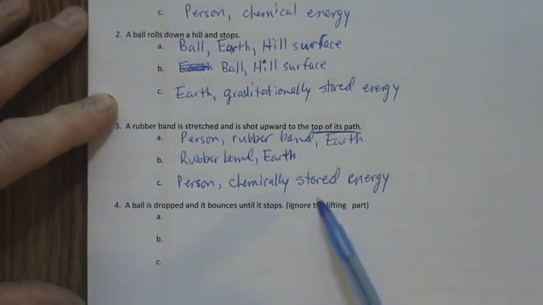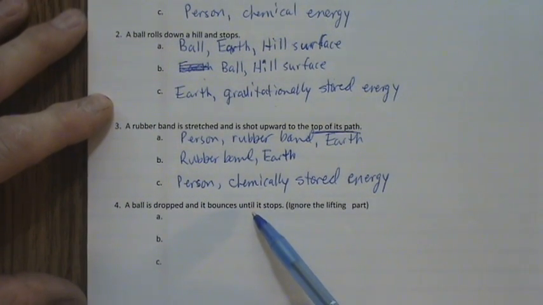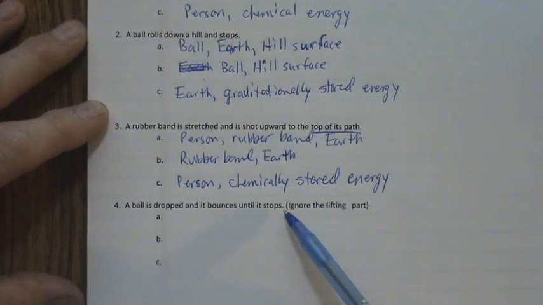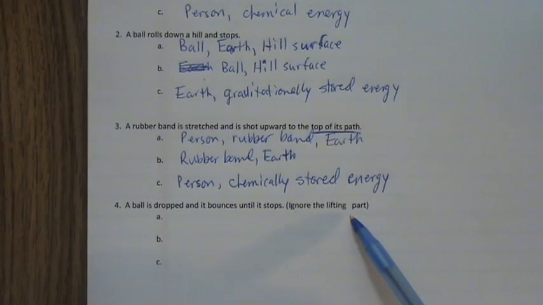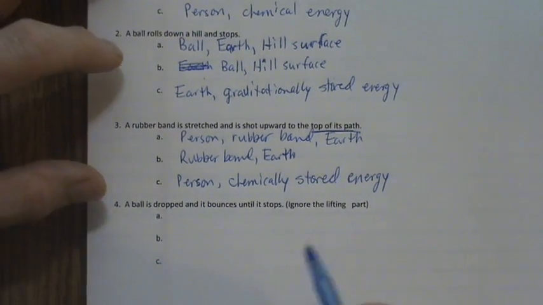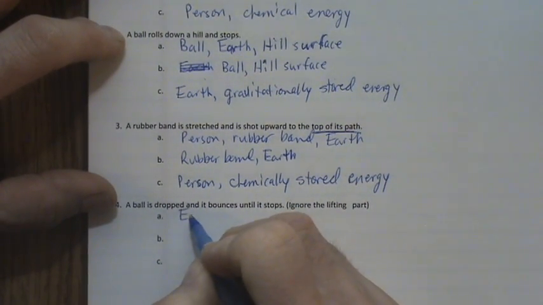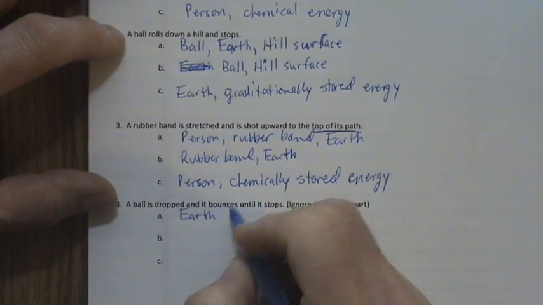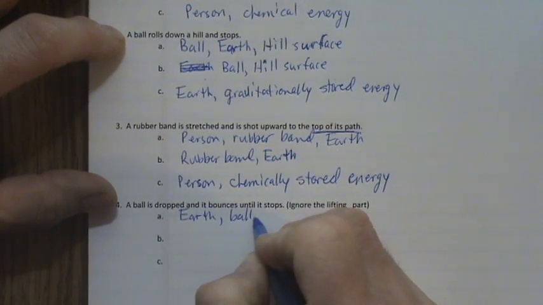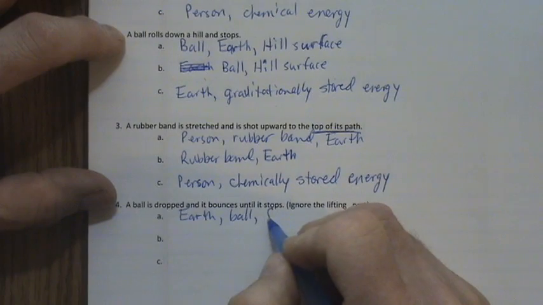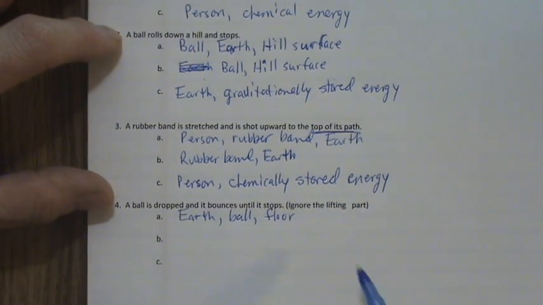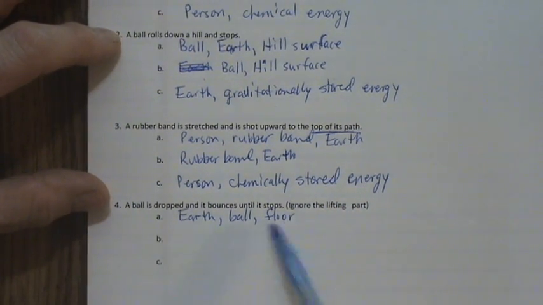And finally, last but certainly not least, a ball is dropped and bounces until it stops. This says ignore the lifting part. So again, we have the earth, we have the ball, and I'm going to assume it's the floor and not the ground necessarily. Once again, the earth and floor are different things.